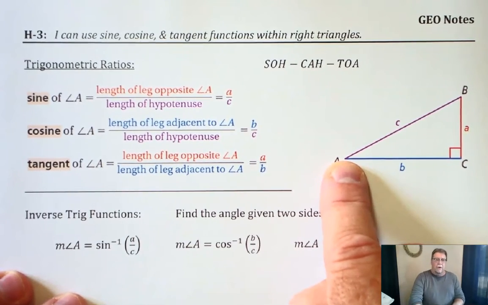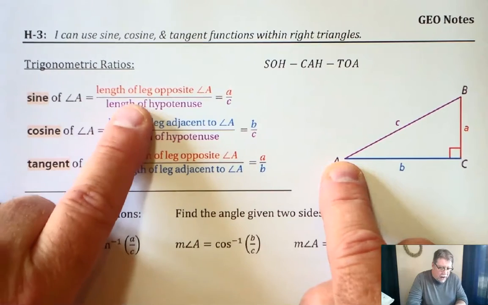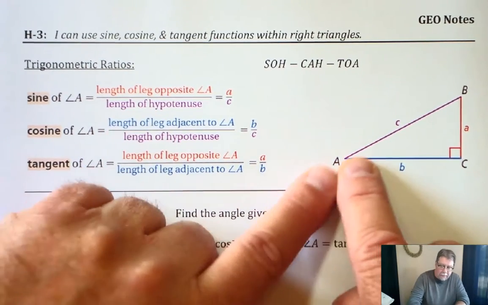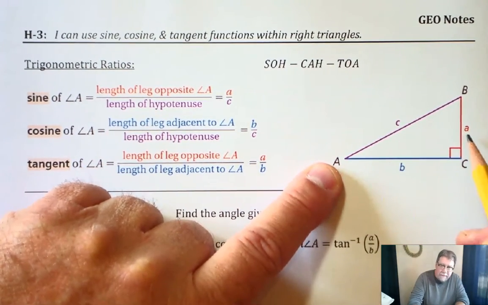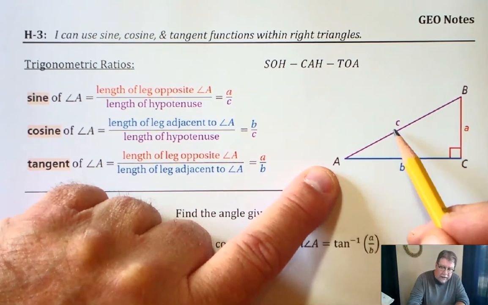The ratio of the sine of angle A is the opposite side over the hypotenuse. In this case, the opposite side is a and the hypotenuse is c.